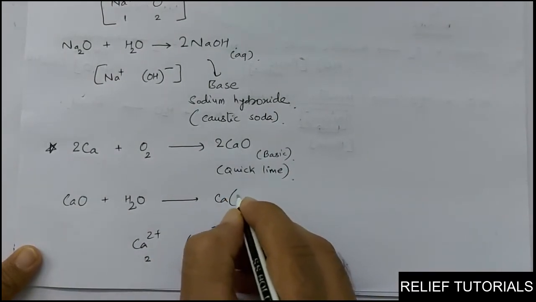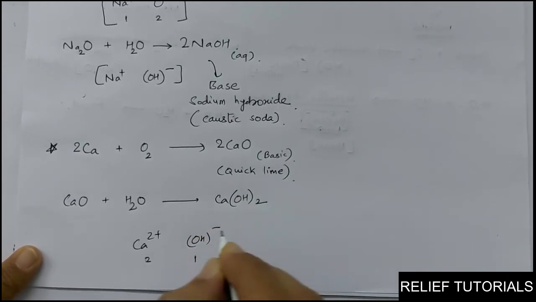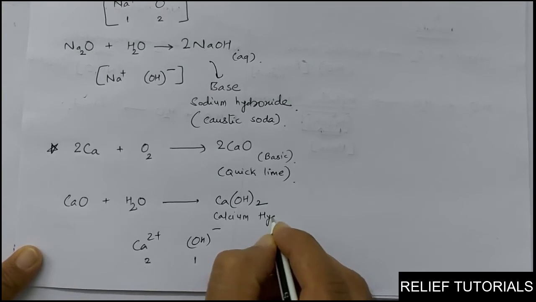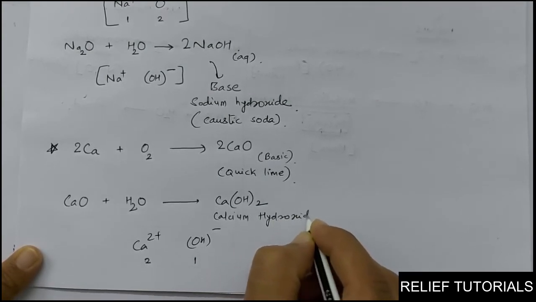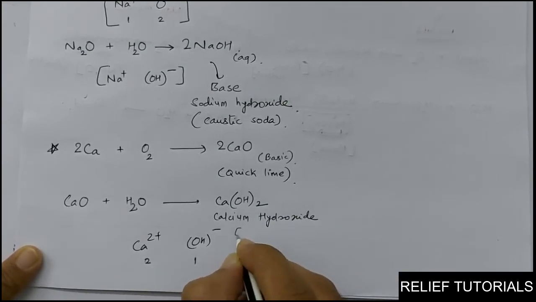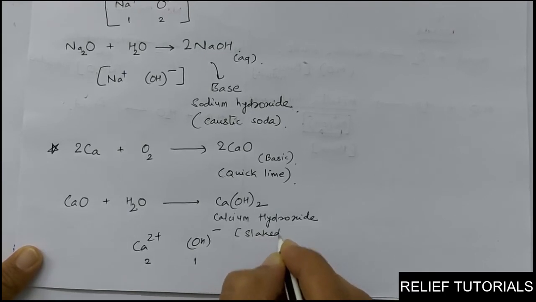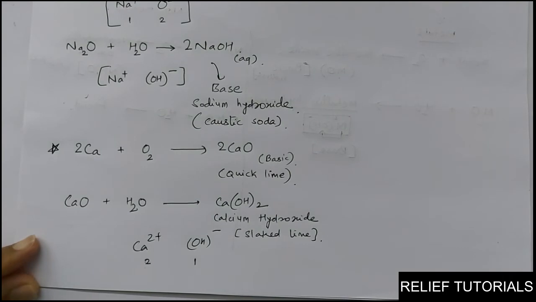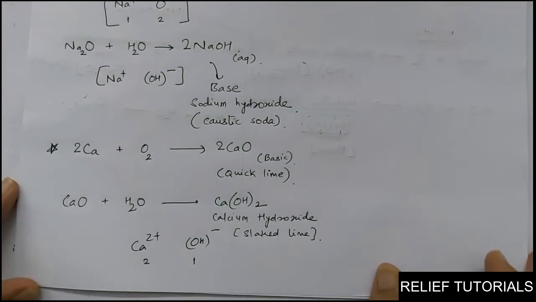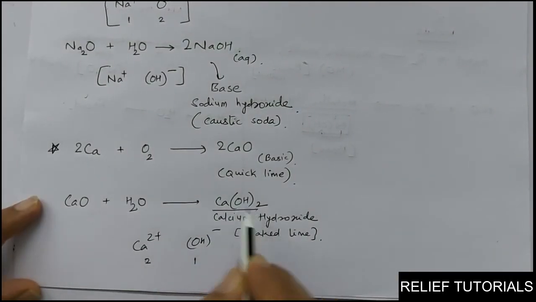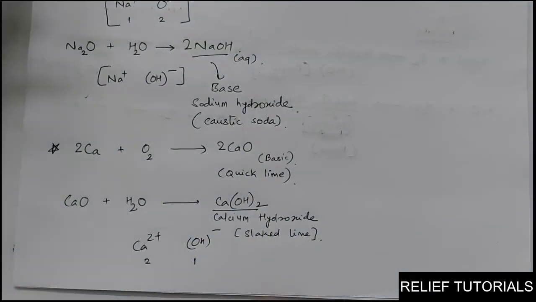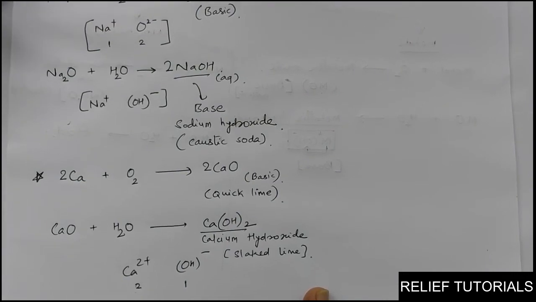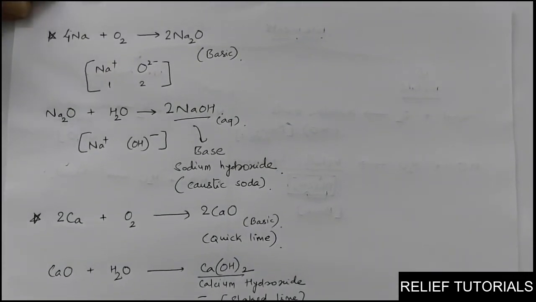So it forms Ca(OH)2, calcium hydroxide, a base. If you remember, the common name for this is slaked lime; we also did this in the previous chapter. So another base we have found, calcium hydroxide. This is sodium hydroxide. Same way you can think about potassium hydroxide, lithium hydroxide, magnesium hydroxide, and so on.